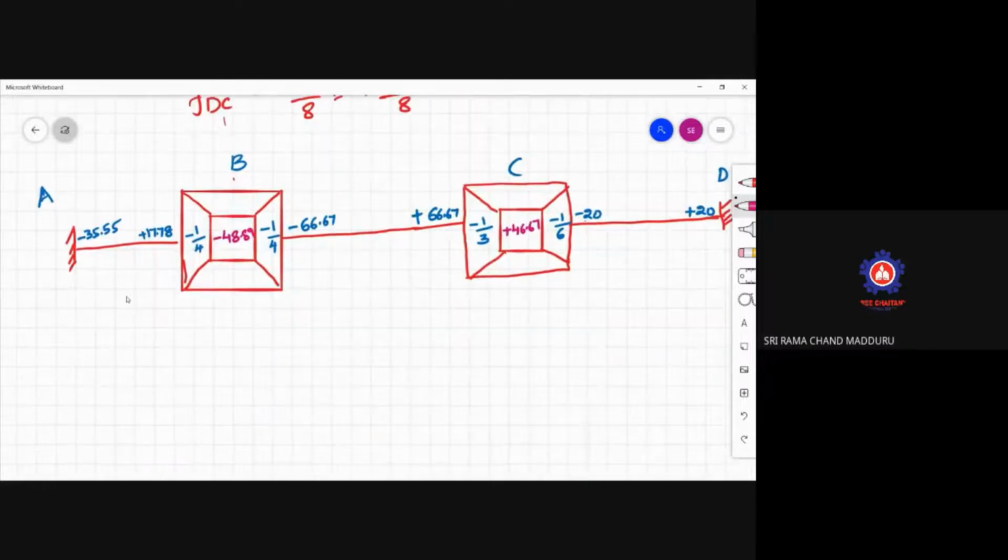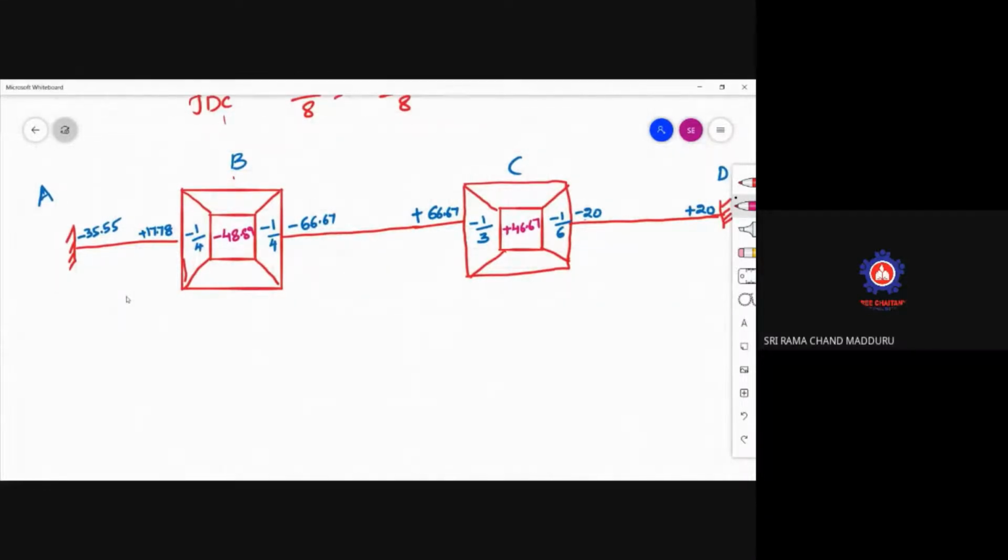Okay, now we have to start our iterative process. To start with the iterative process, we have to write down our rotational moments. I will write down the rotational moments in this manner, here, here, and here.